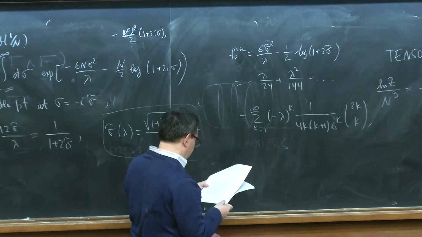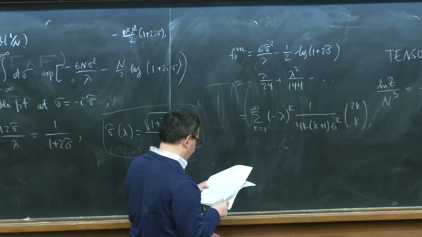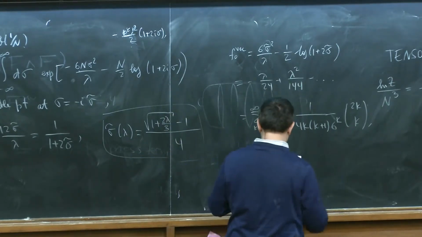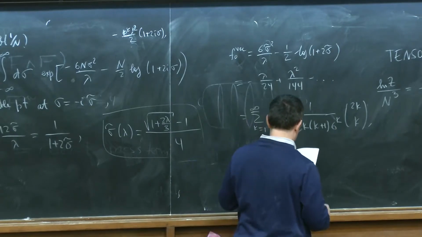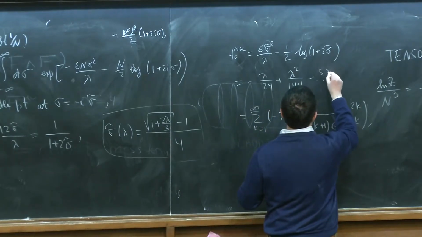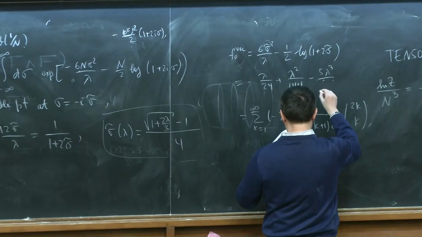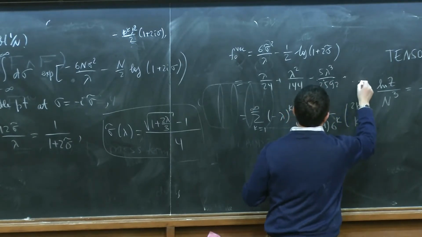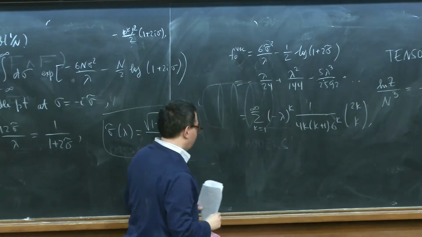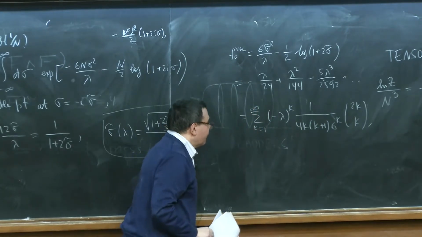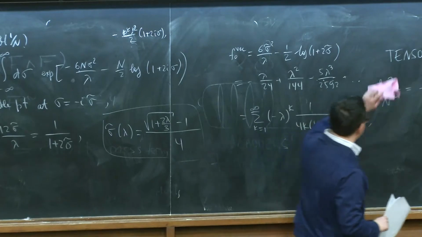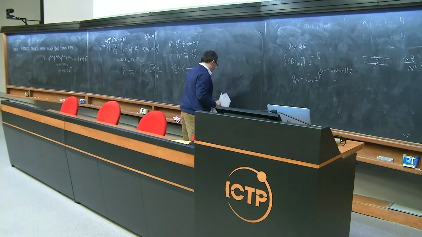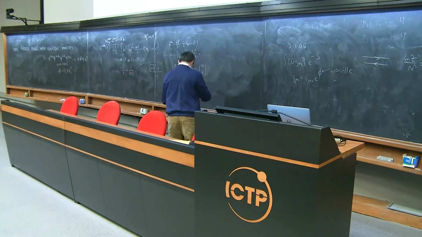So one thing that you immediately notice is that the coefficients are actually decreasing in this series. For example, the next one is 5 lambda cubed divided by 2592. So you don't see this wild factorial growth that we saw from the evaluation of the leading graph, I mean, of the n equals 1 theory.